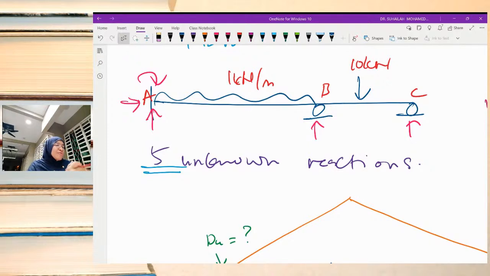Don't forget we have a fixed support at A, where there is no rotation and no vertical movement. At the roller there is rotation but no movement. So based on that understanding, we have to draw the deflected shape of the beam.